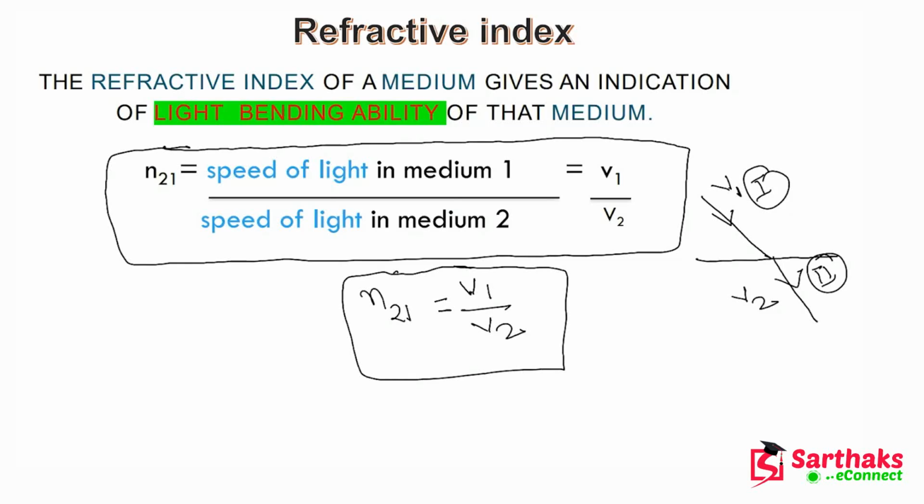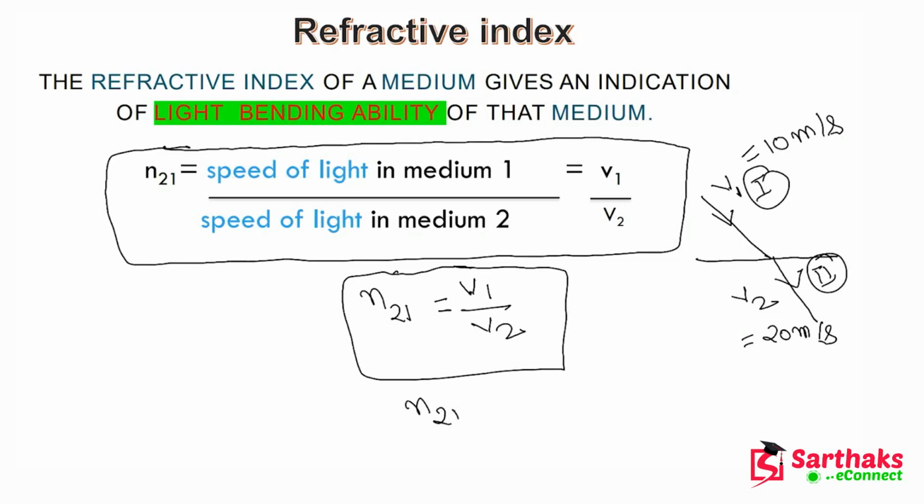By the help of this formula, you can simply determine the refractive index. Okay, and let's take an example here. Let's suppose the velocity of light in medium first is 10 meters per second and the velocity of light in the second medium is 20 meters per second. Now if I want you to find out the refractive index of medium second with respect to medium first, then what would you do?